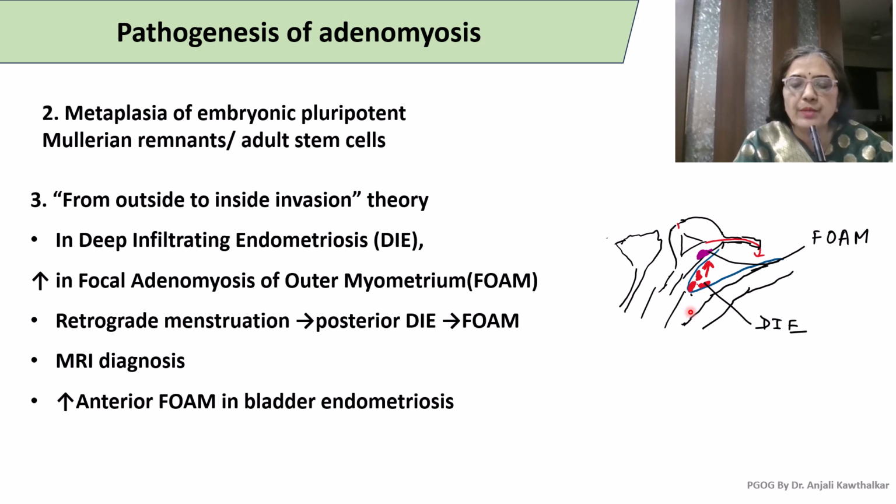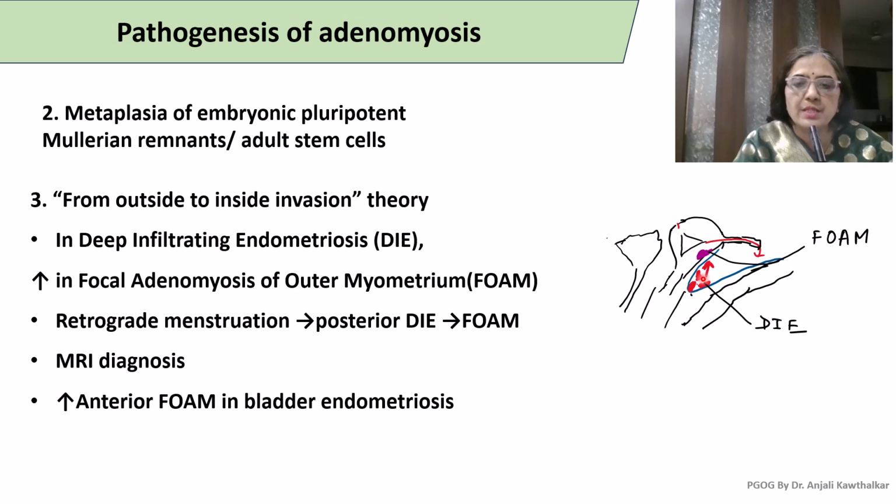Now, what is seen is whenever this deep infiltrating disease is there in the posterior compartment of the pelvis, it is associated with increased presence of focal adenomyosis in outer myometrium. It is not near the junctional zone, but it is near the serosal surface, and that is why this theory has some ground, that there is an invasion from outside to inside.